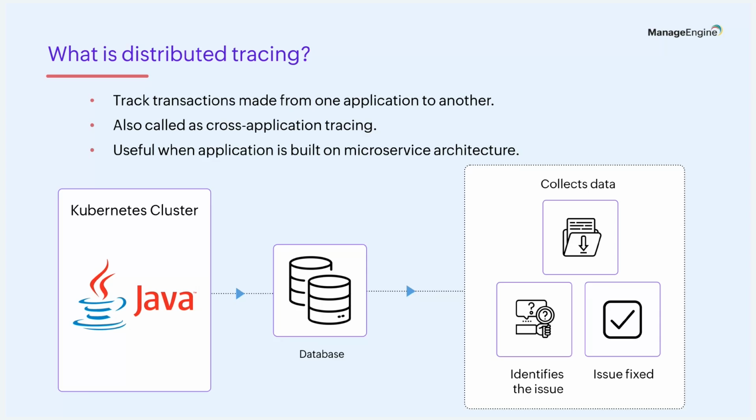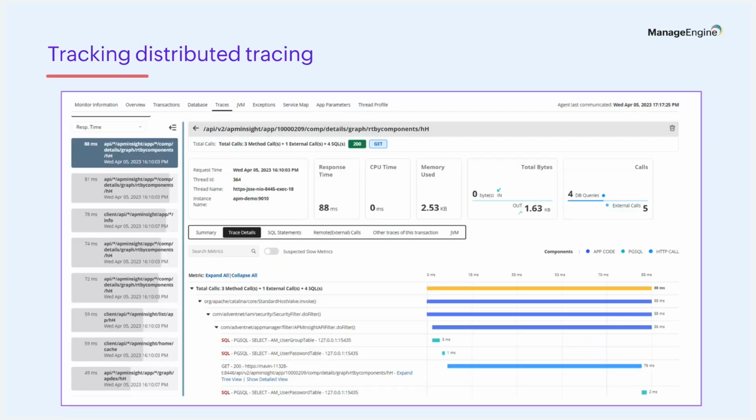With the distributed tracing feature, you can track the transactions made between two or more applications as well. So distributed tracing tracks how a request flows across multiple applications. When an application makes an API request to another application, APM Insight adds an HTTP header containing the tracking metadata.